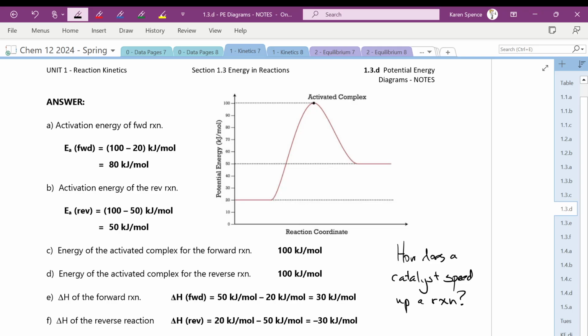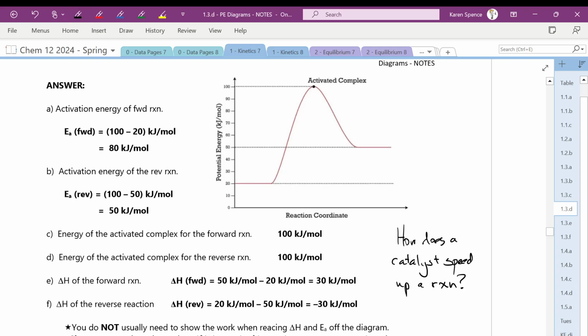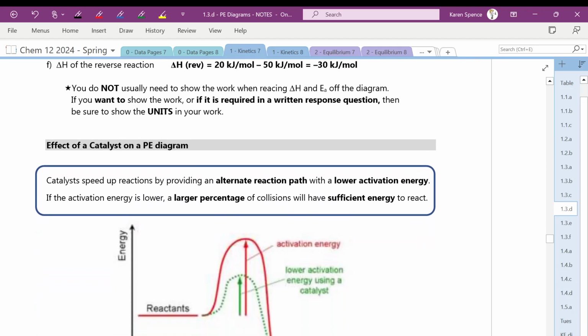What does it change? Yeah? No, I heard something over here. It changes the activation energy. It changes the size of the activation peak.